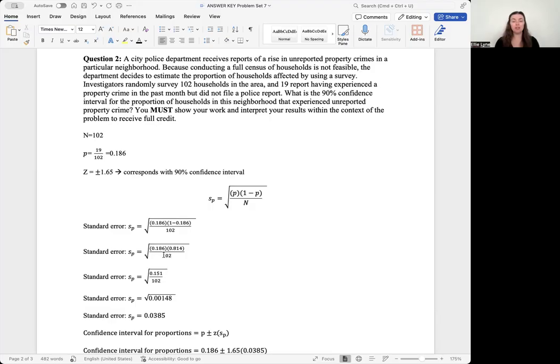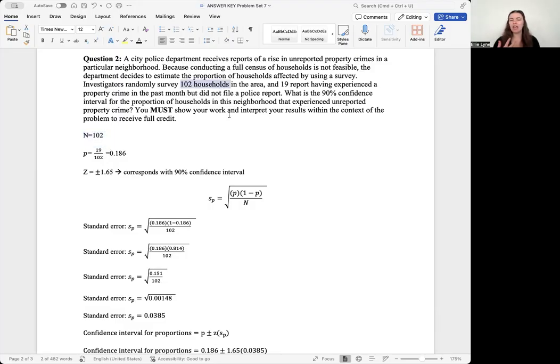So let's first take a look at the information that we can pull out of the problem here. Again, these are the sample characteristics. Starting off, our n value, or the total number of households that the investigators are surveying, is 102.